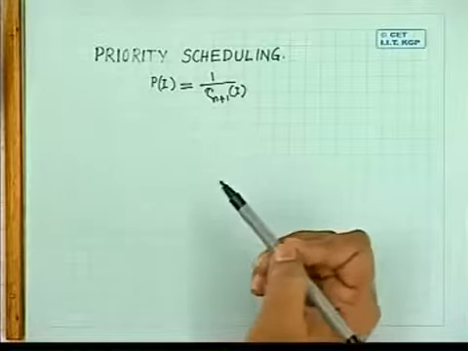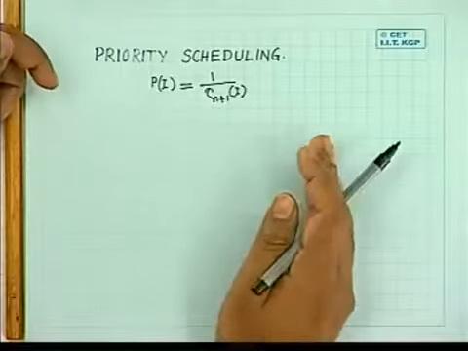So this is one case. In the other case, the user or the system administrator can set the priority of different jobs, and depending upon that priority level, a job which is having the highest priority will be executed first. A job which will have the lowest priority will be executed last.